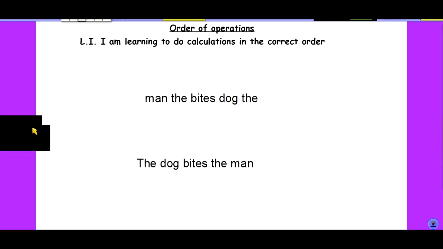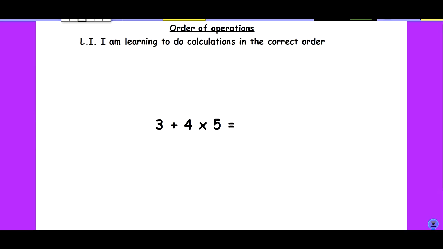In maths, we have a certain order that things need to be done in. So let's take this here, and if we think of this as almost being like a sentence in maths, like the sentences we just looked at, the temptation is for us to read this left to right, like we do any normal written sentence.